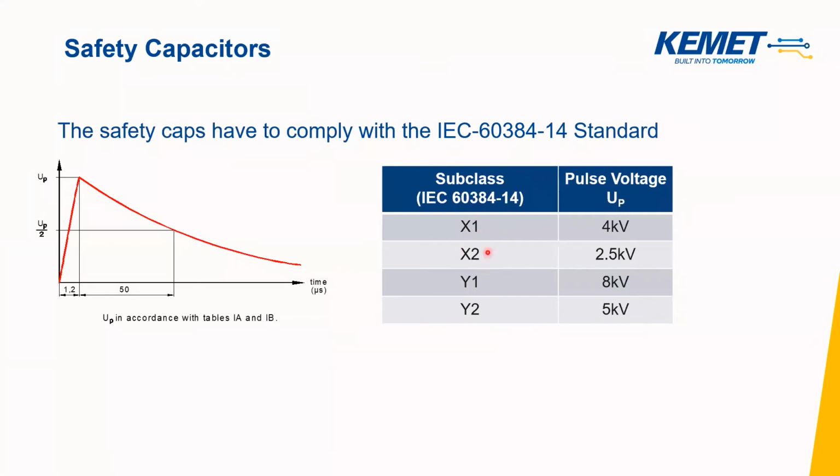This is because the Y1 capacitor is the safest capacitor that is out there in the market. So all the safety requirements for an X capacitor are easily also fulfilled with a Y capacitor. But this does not mean that in every case you can use a Y capacitor in the place of an X capacitor, just because it has more requirements.